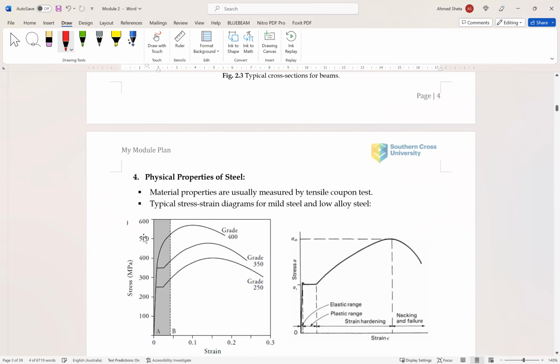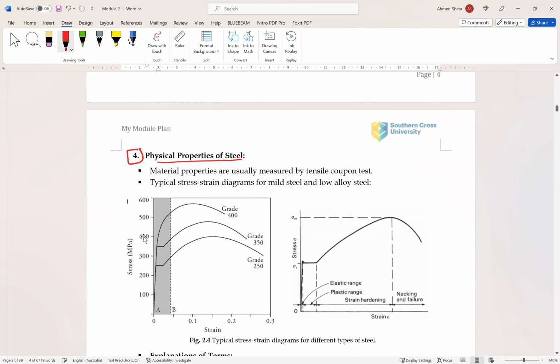In this point, we are talking about physical properties of steel. So we have the stress strain diagram for mild steel and low alloy steel. You can measure the properties of steel using a tensile coupon. You can call it coupon or dog bone.